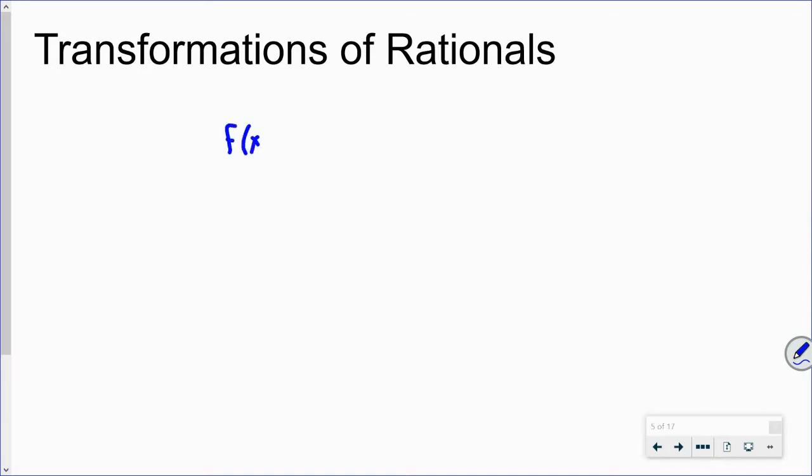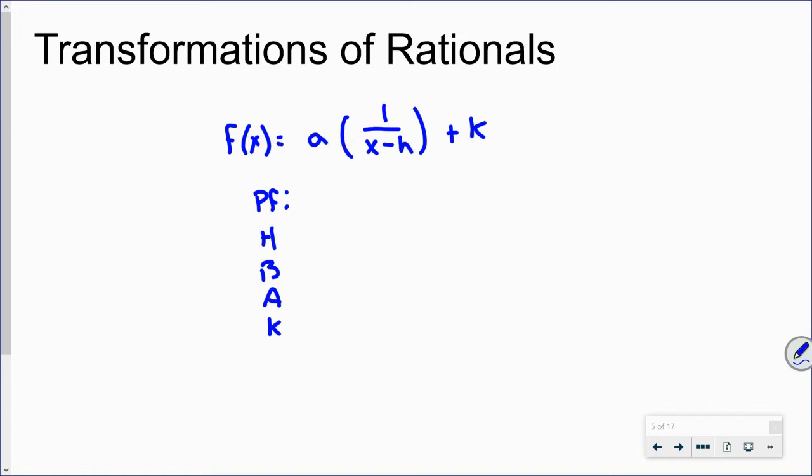So f of x equals a times 1 over x minus h, plus k. We can still write the parent function, what it is. We can write the h, b, a, k, domain, range. We can still write out all of that.